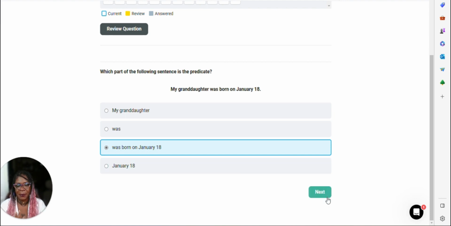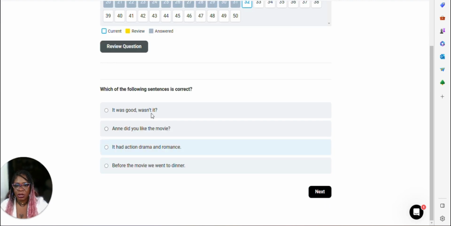And here's why. The subject is my granddaughter, and the predicate is was born on January 18th. So that's the second half of the sentence, was born, the subject being my granddaughter. So let's move on to the next question.